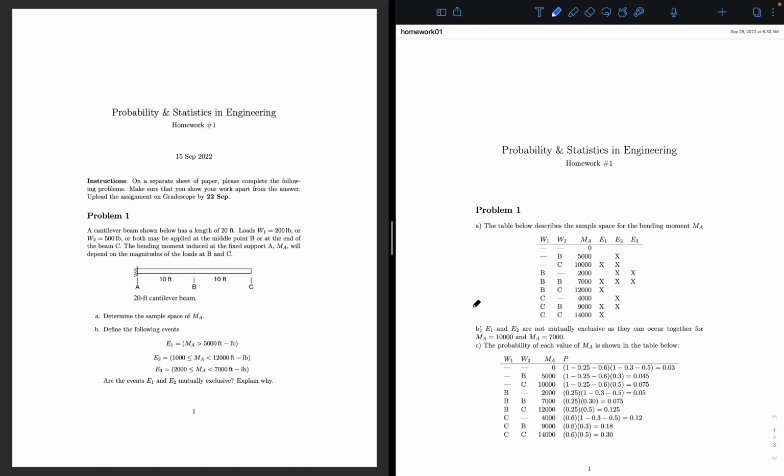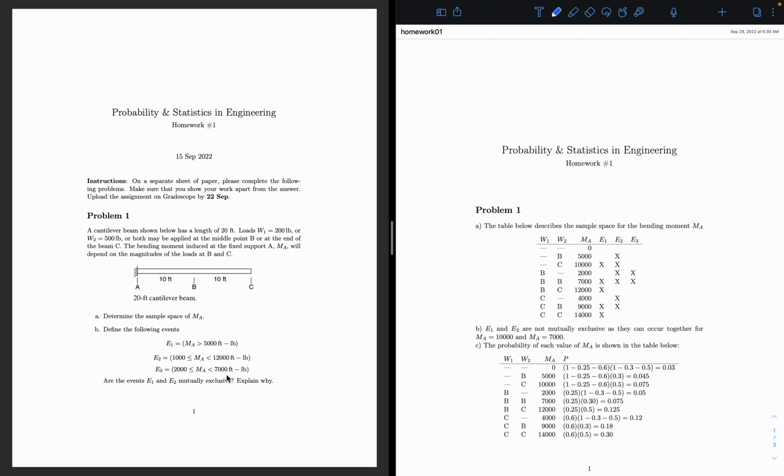Then the second question was asking about these three events that are already defined, which cover a range of values. But remember, because it's discrete, it can only take a certain set of values. So we can count the different outcomes. Are the events E1 and E2 mutually exclusive? Mutually exclusive means that they cannot ever happen together.